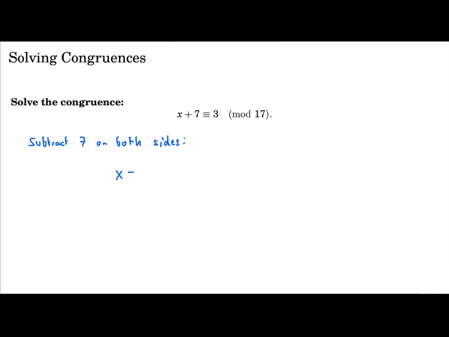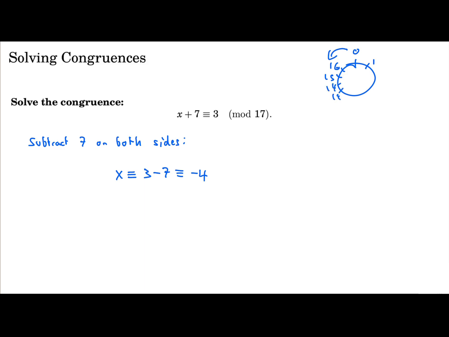So this is going to be congruent to 3 minus 7, which is congruent to minus 4. Now, what is minus 4 on the clock with 17? If you have a clock that goes from 0 here, and you have 16, you have 1, minus 4 is going minus 4 in this direction, so you'll go 16, 15, 14, 13.